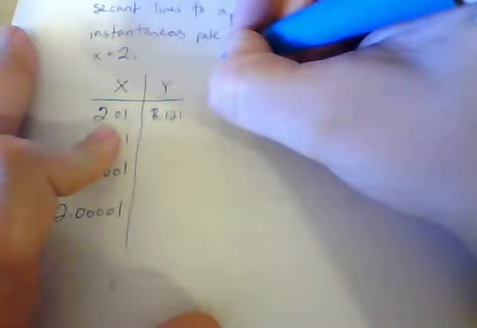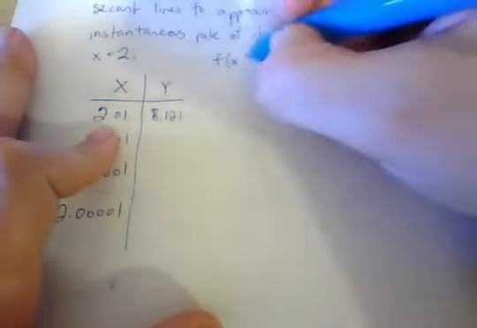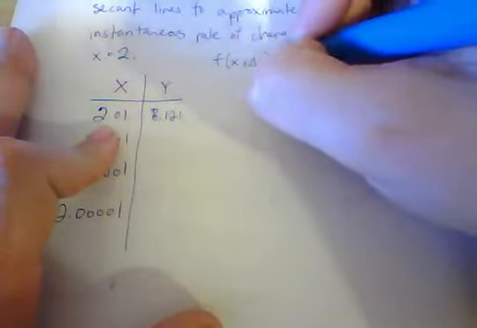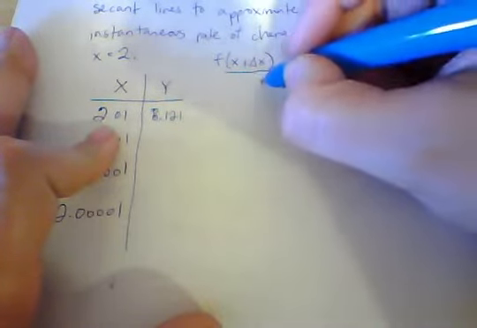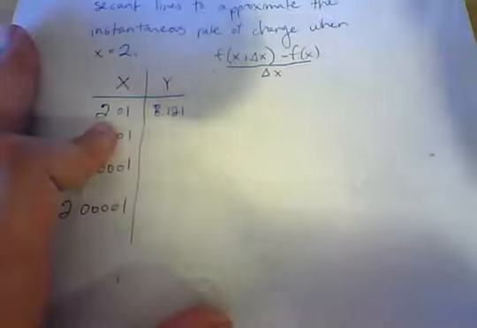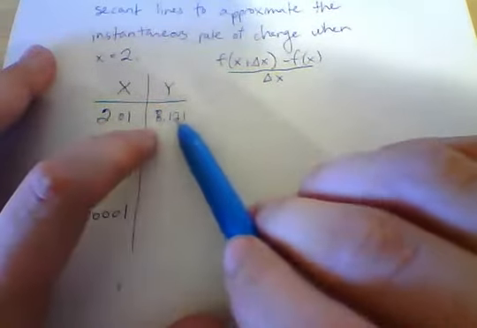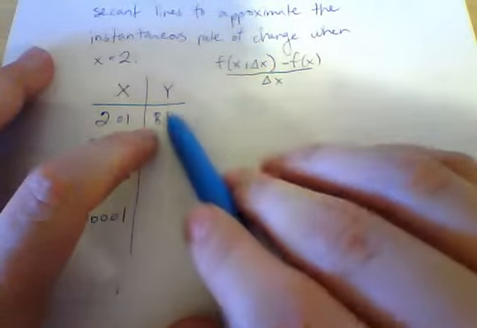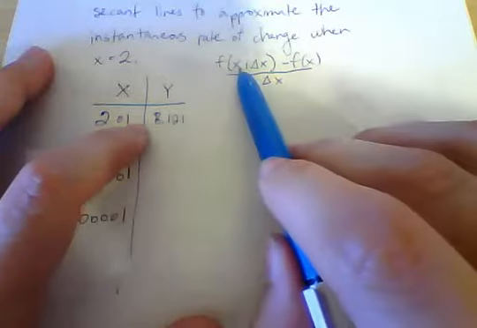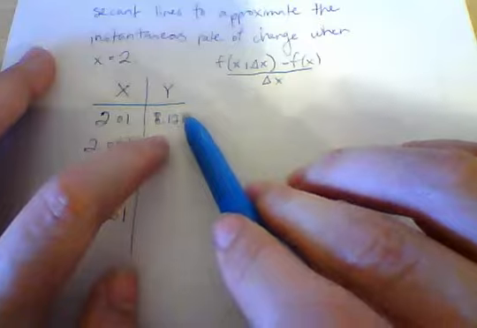So remember our rate of change formula, recall that we have f of x plus the change in x minus f of x all over the change in x. Well, for this first value here, 2.01 and 8.121, f of x plus the change in x, that's our 2 plus this 0.01. We plugged that in, and this was our output.